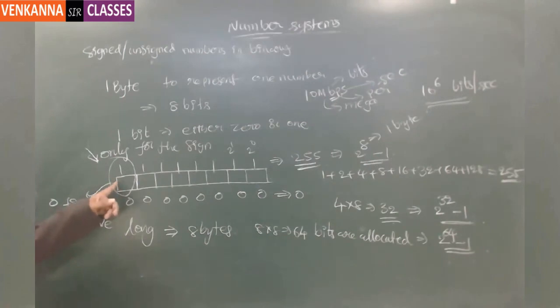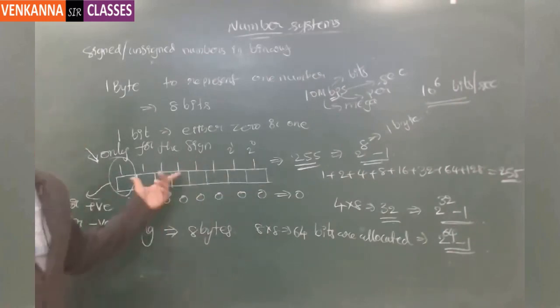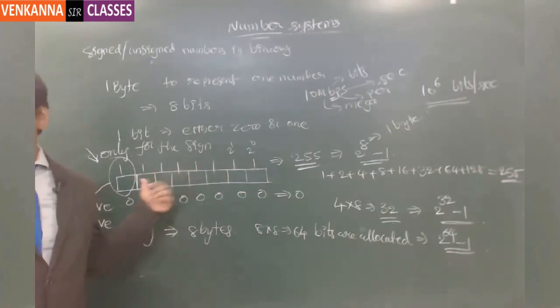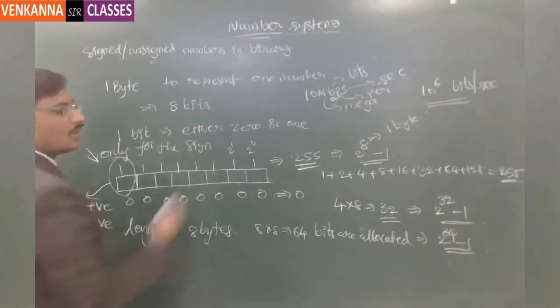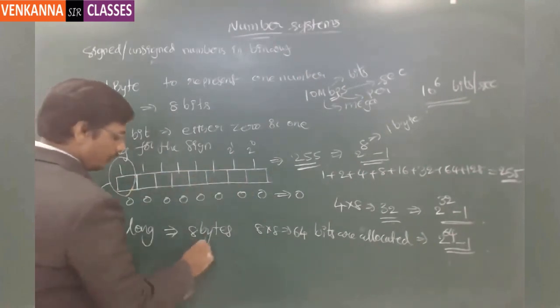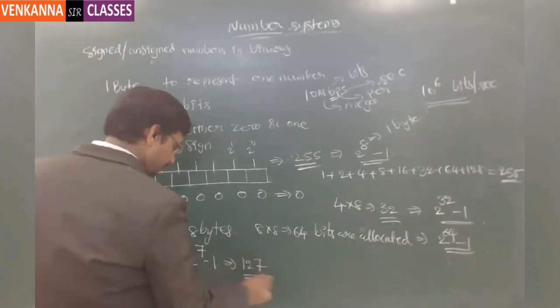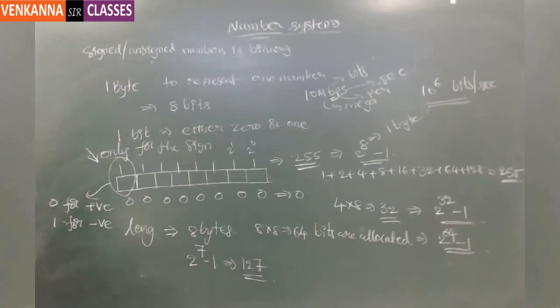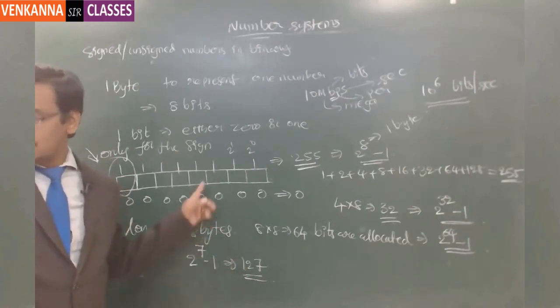This leading bit is allocated only for the sign, and the remaining 7 bits are going to be used to store the number. Now 2 power 7, because 1 bit got reduced, minus 1 is nothing but 127. So 127 is the highest possible number I can represent with this.